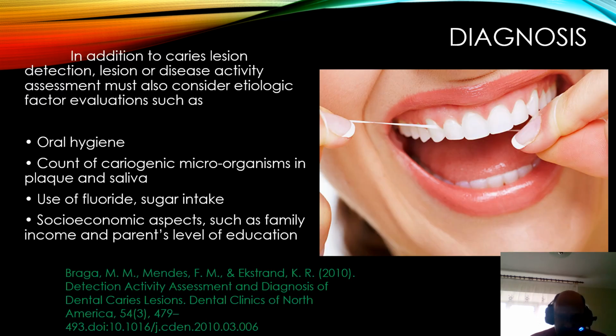In addition to caries lesion detection, lesion or disease activity assessment must also consider etiological factors, such as oral hygiene, count of carcinogenic microorganisms in plaque and saliva, use of fluoride, sugar intake, socioeconomic aspects, such as family income and parents' level of education.